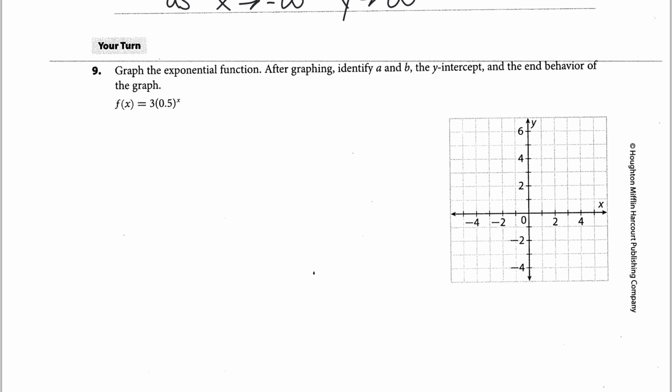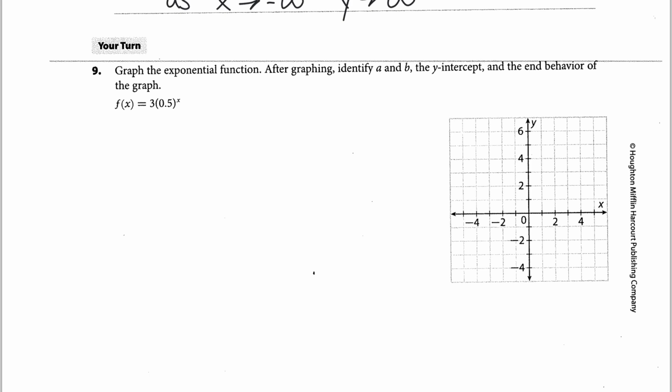So for -1, we're going to do 3 times 0.5 to the negative first power. If you flip over a half, that gives you 2. So 3 times 2 is 6. Anything to the 0 power is 1, and 3 times 1 would be 3. To the first power, it leaves it as a half.